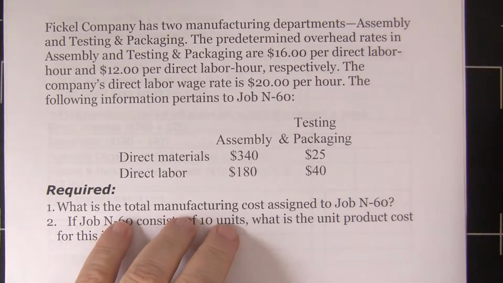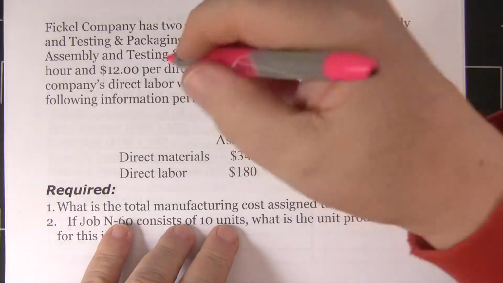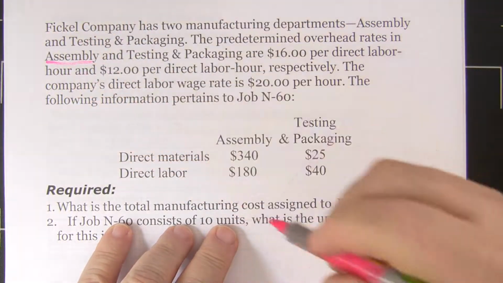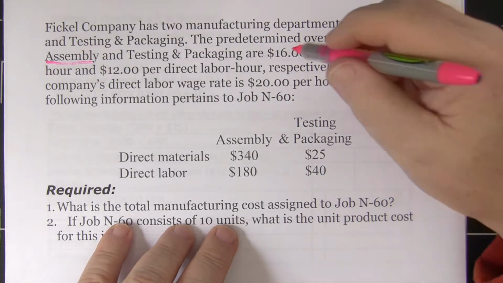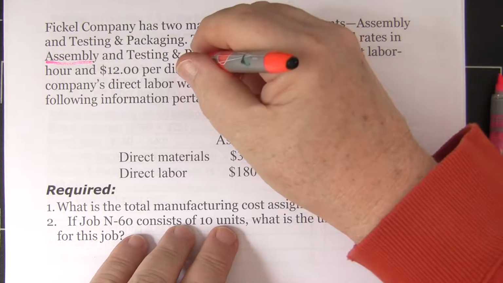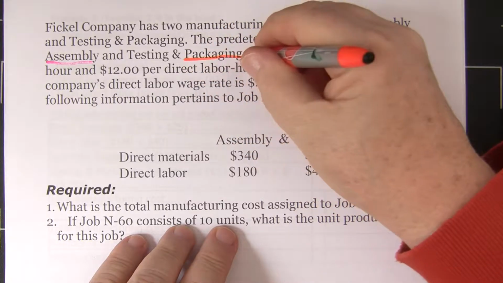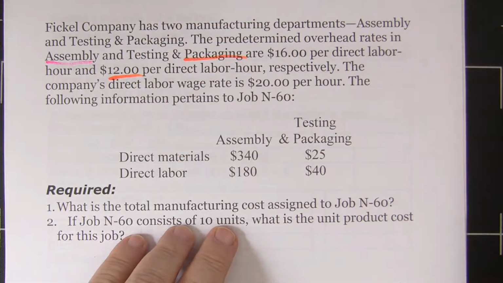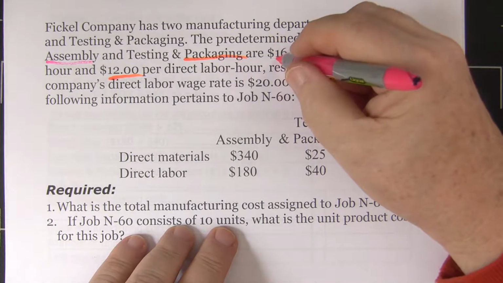The predetermined overhead rates for assembly, and I'll do assembly in red, and packaging are $16 per direct labor hour and $12. So packaging is 12 and assembly is 16.